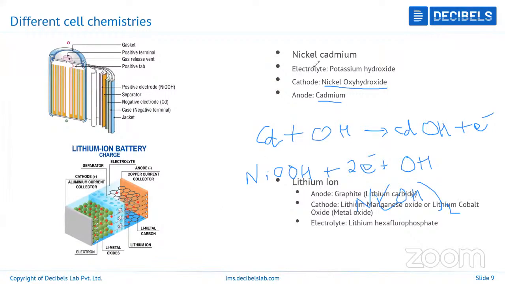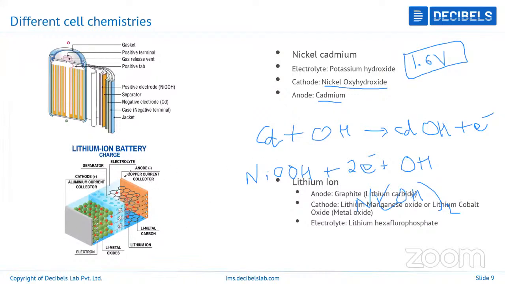Very close to about 1.6 volts is what you can expect from nickel cadmium cells. It is kind of low because your voltage is directly dependent on how many electrons are being produced. Here, not many electrons are released during the reaction. So for that purpose, the voltage produced from nickel cadmium cells is kind of low. So again, this is restricted to low power applications.